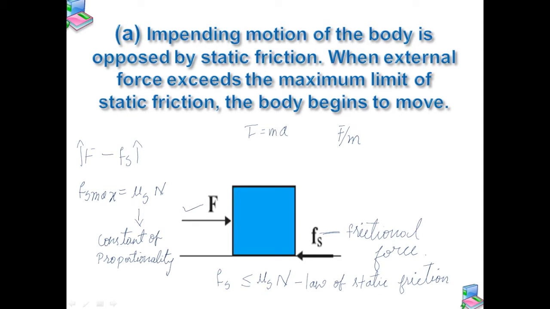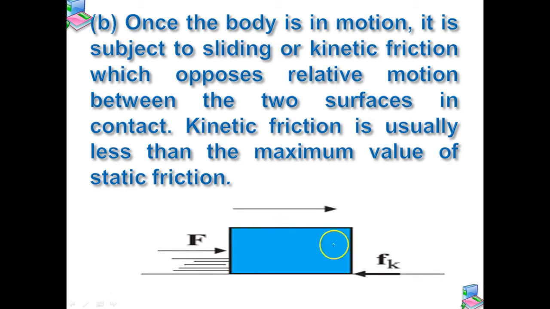If the applied force exceeds this Fs max, the body begins to slide on the surface. It is found experimentally that when relative motion has started, the frictional force decreases from the static maximum value Fs max. The frictional force that opposes relative motion between the surfaces in contact is called kinetic or sliding friction, denoted by Fk.